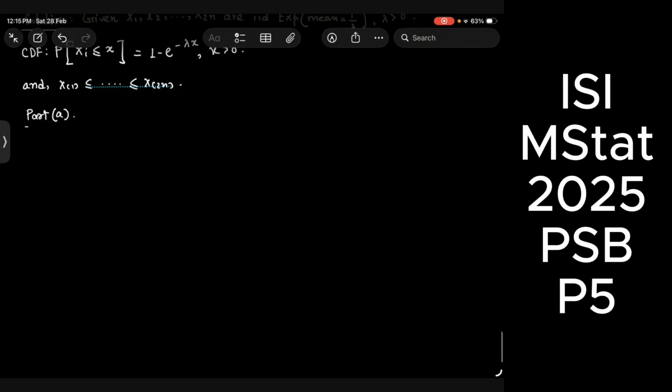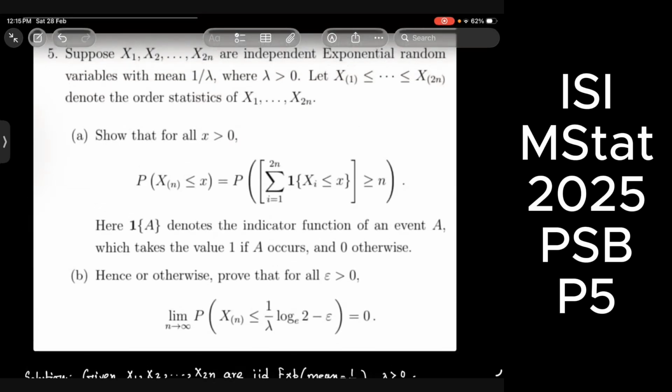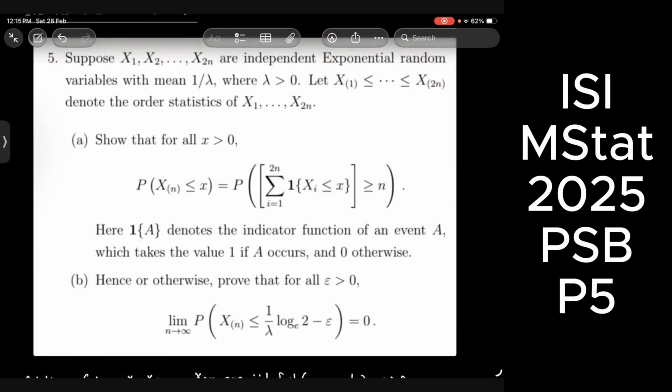How will you do it, Yashu? So x order n less than or equal to x means n observations are less than x, and the other n are greater than x. So the nth largest is less than or equal to x.